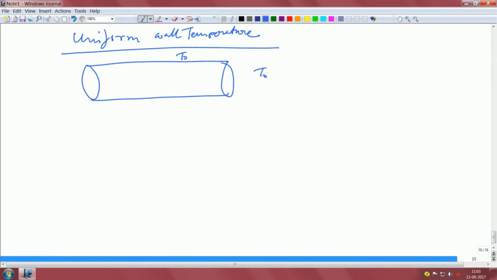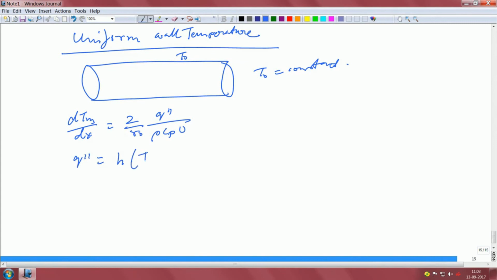So T naught is basically a constant, and your dTm by dx is still given by the same thing, q double prime over rho Cp into u, and q double prime is basically h into T naught minus Tm into x, right?